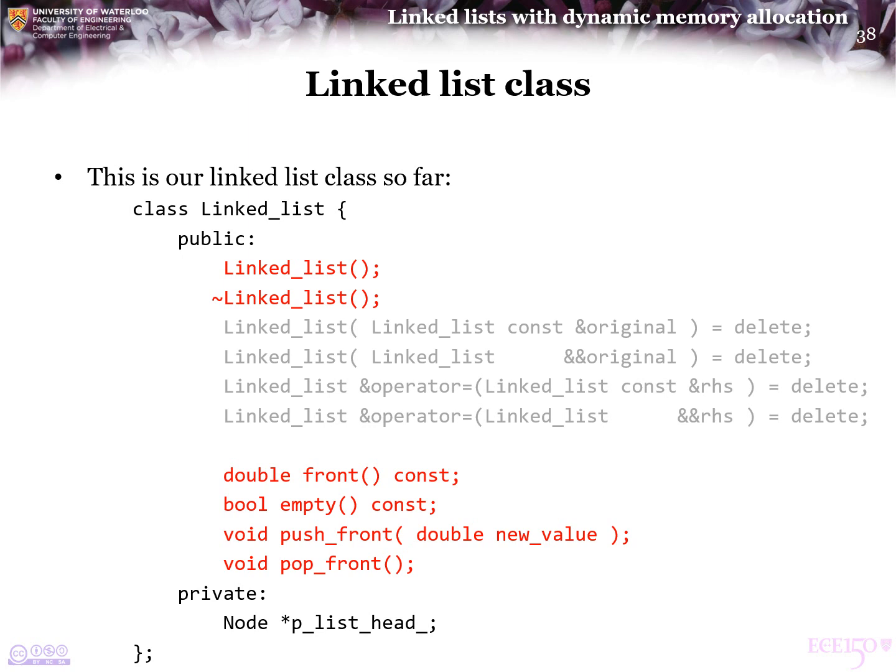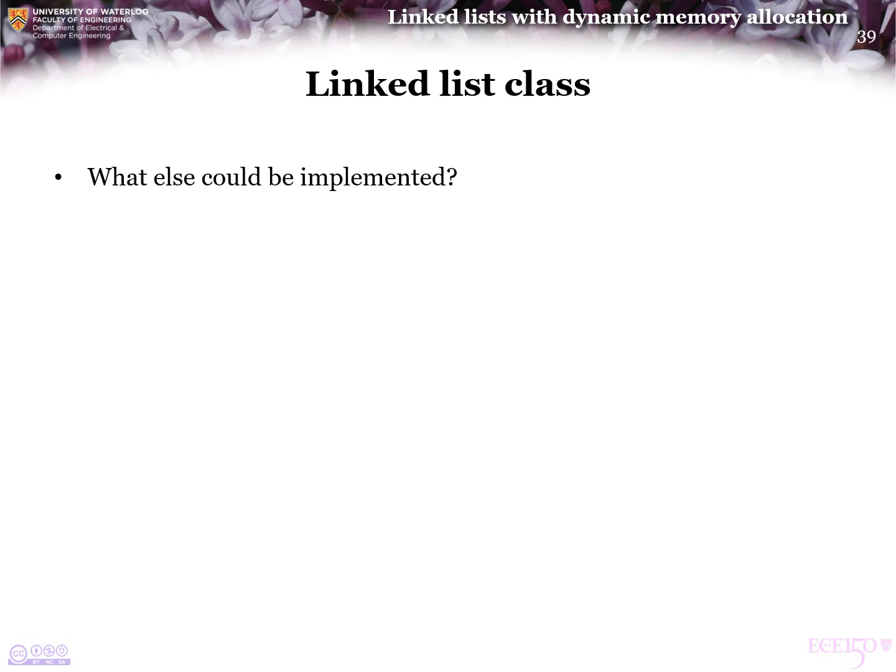Push front, that inserts a new node at the front of the linked list, and pop front, a member function that removes the first node of the linked list if the linked list is not empty. Now, what other member functions could be implemented? You could implement a size member function that returns the number of nodes in the linked list.